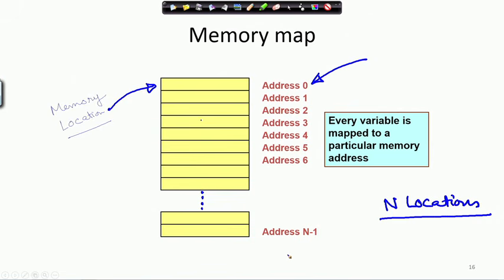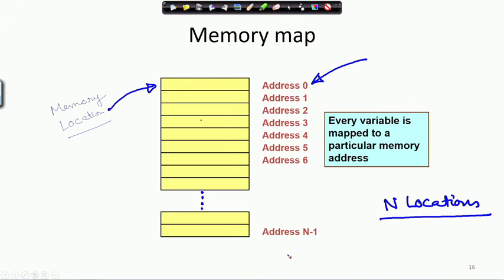There is a peculiarity here, the reason of which will be clear later. Let us for the time being accept that we are starting our journey with the number 0. So, the first address is address 0, and the second address will be address 1. So, the nth address will be n minus 1.